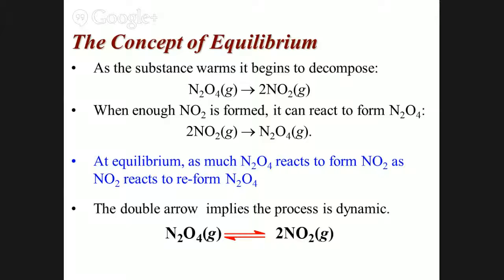So every time one of those N2O4s turns into an NO2, an NO2 is reforming back into N2O4, one for one, the same rate. If you were to measure the concentrations, everything looks the same. Nothing looks like it's happening. But the word dynamic just means it's actually going on all the time, even though you can't tell.